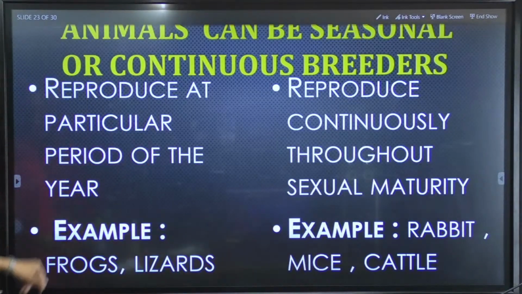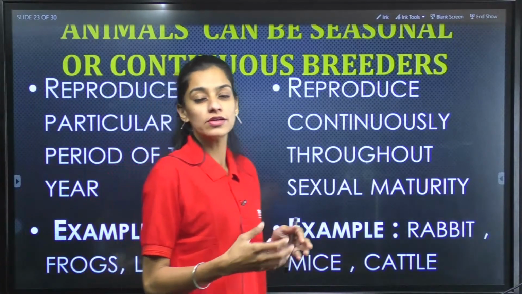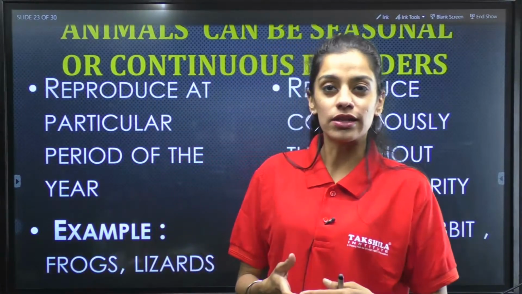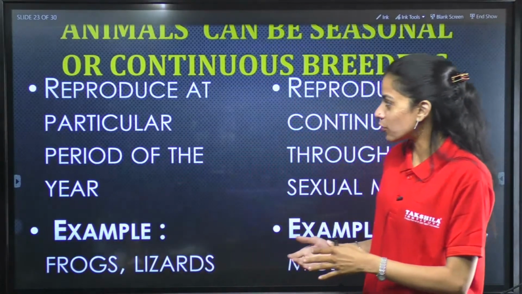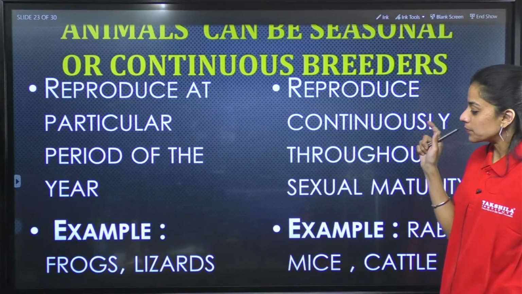Some seasonal breeder examples include the frog and the lizards, whereas among continuous breeders we have mice, cattle and rabbit. They do not depend upon the season or a duration of time period in their year, right? That is why animals could be continuous breeders.